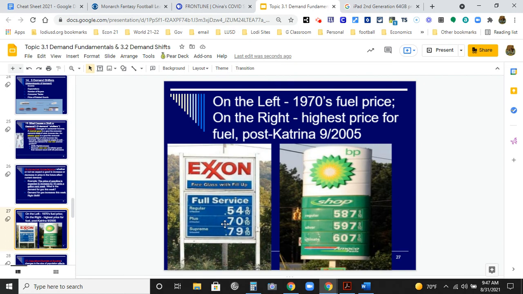And now we're surging past $4. This is August 31st, 2021. See the price on the left on the Exxon sign? That's less than $1. After Hurricane Katrina, there was a major price bump because they had trouble getting fuel into the area because the roads were all washed out.